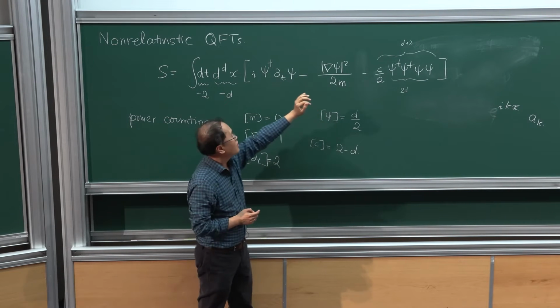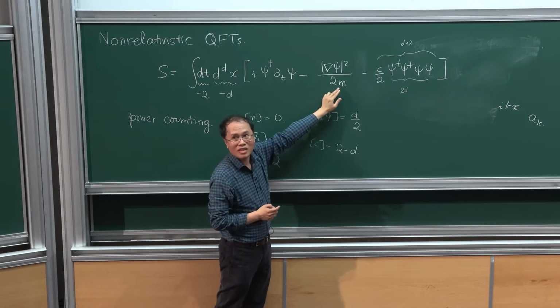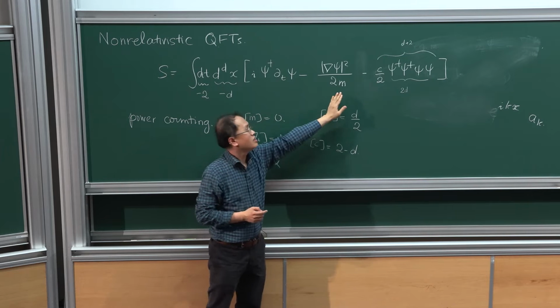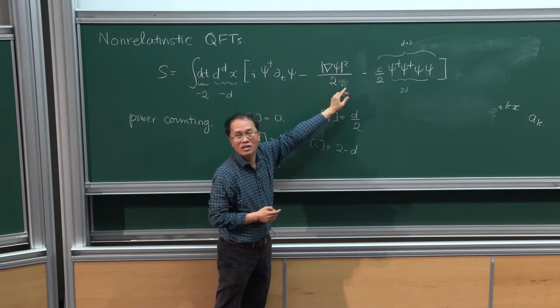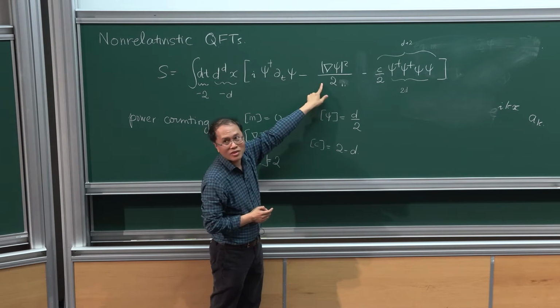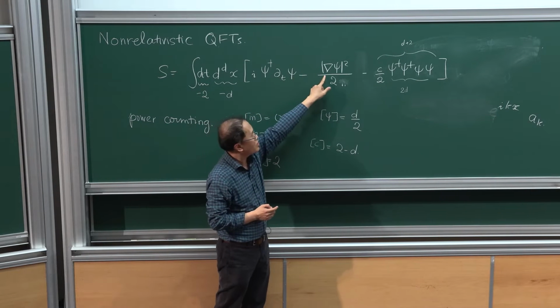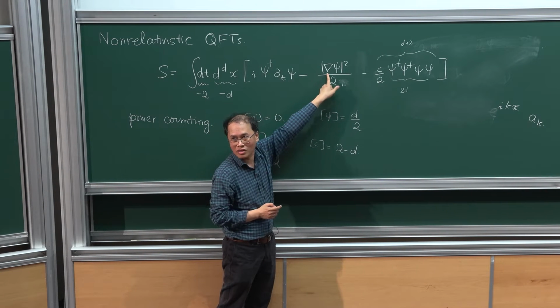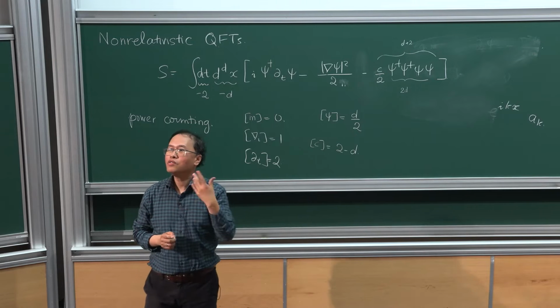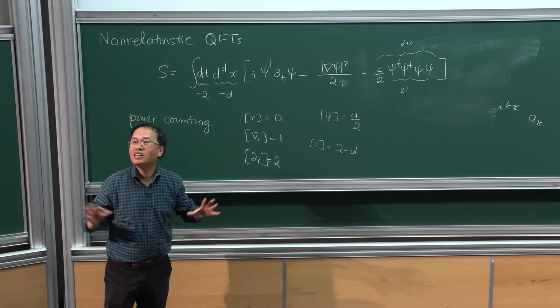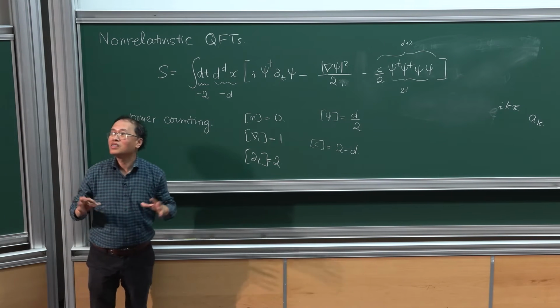So the mass I can set to 1. In order for these to have the same dimension, the derivative with respect to time has to have the same dimension as the second derivative in space. And that will be important when we talk about the scale invariance in the theory.